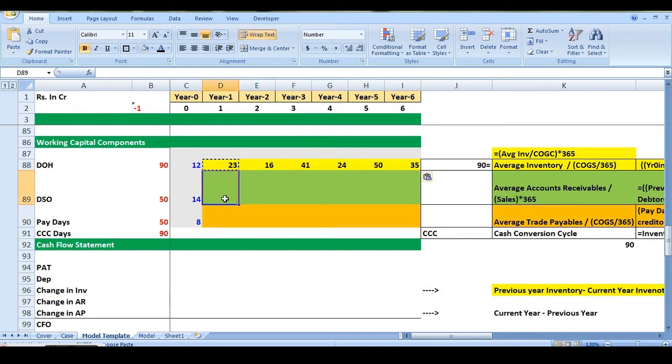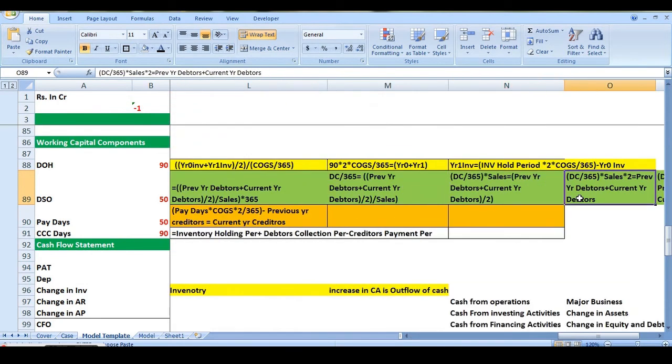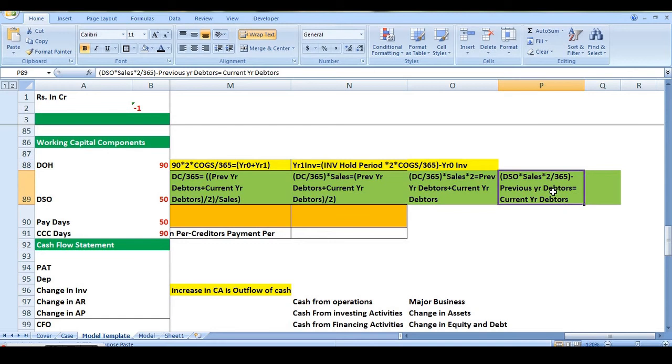Similarly, if we want to calculate days of sales outstanding, which is also called the debtors collection period, the formula is average accounts receivable divided by sales into 365, which if we simplify gives us the formula like this: days of sales outstanding into, which is given to us, days of sales outstanding here in this case is 50, into sales into 2 divided by 365 and the entire calculation.